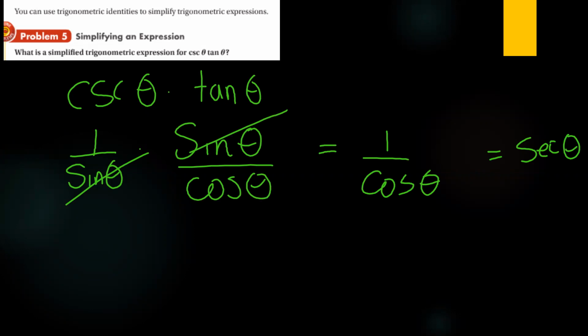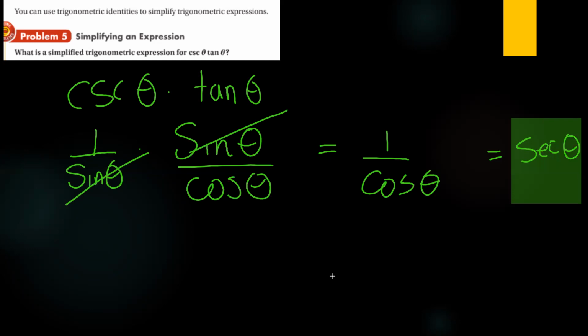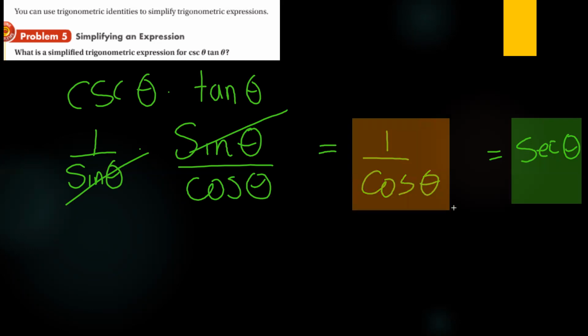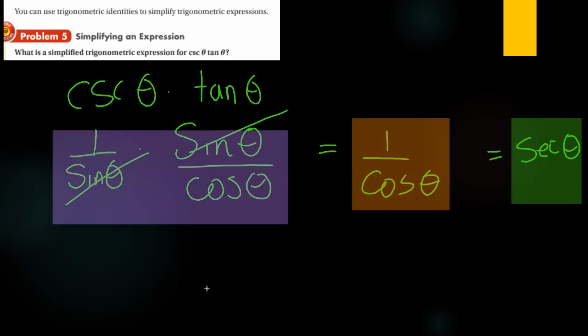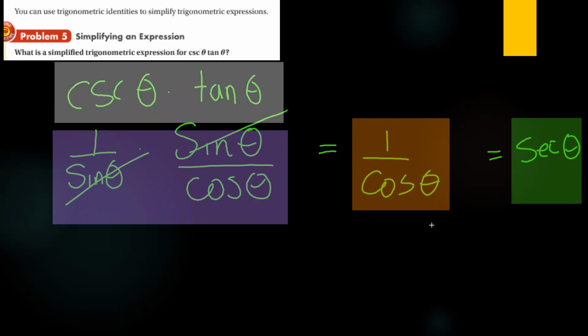This is how to simplify an expression. As I told you, simplifying an expression means that each subsequent expression is equal to the previous one. So secant is equal to 1 over cosine, and it is equal to cosecant times tan, or 1 over sine times sine over cosine.